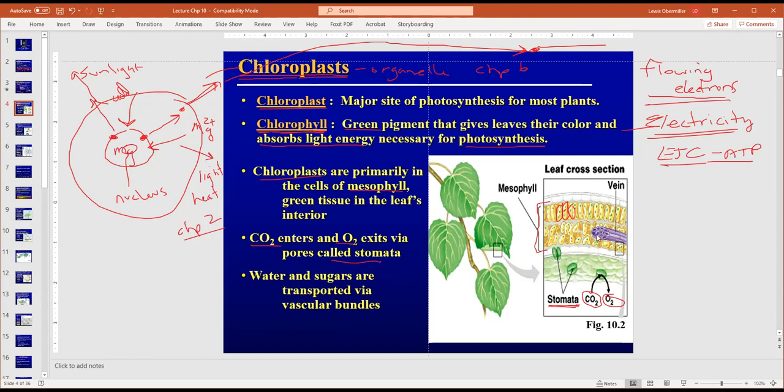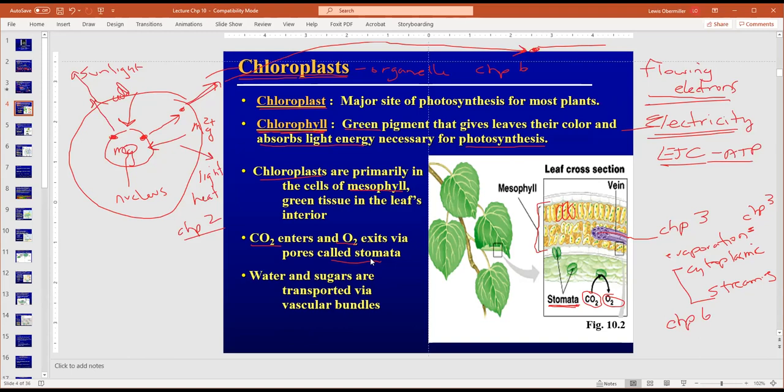And then the sugars and things that are produced flow through veins in plants. Plants don't have hearts, so this travels, like we talked about in chapter 3, through evaporation or cytoplasmic streaming. We talked about this in chapter 3, and then we talked about cytoplasmic streaming in chapter 6.